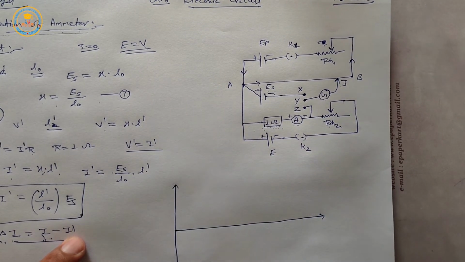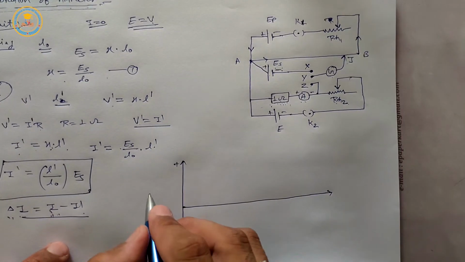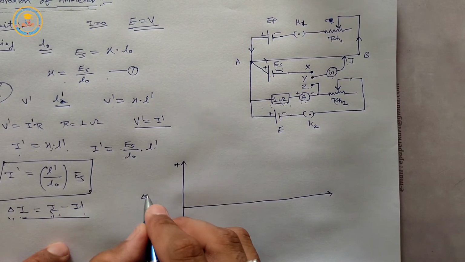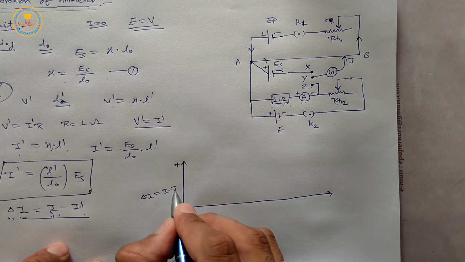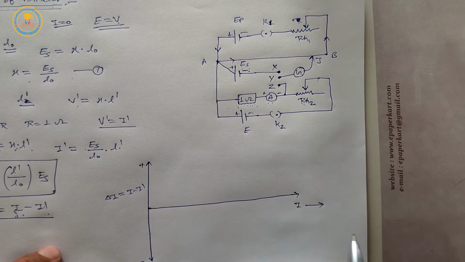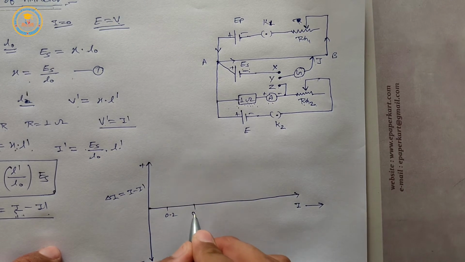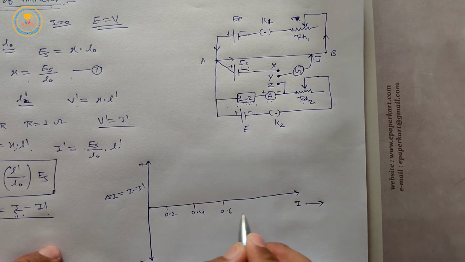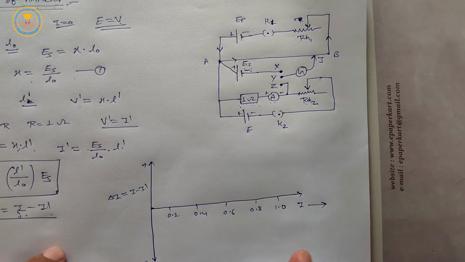On the y-axis, positive and negative, the error in current del I is equal to I minus I dash, and on the x-axis the reading in the ammeter: 0.2, 0.4, 0.6, 0.8 and 1.0.